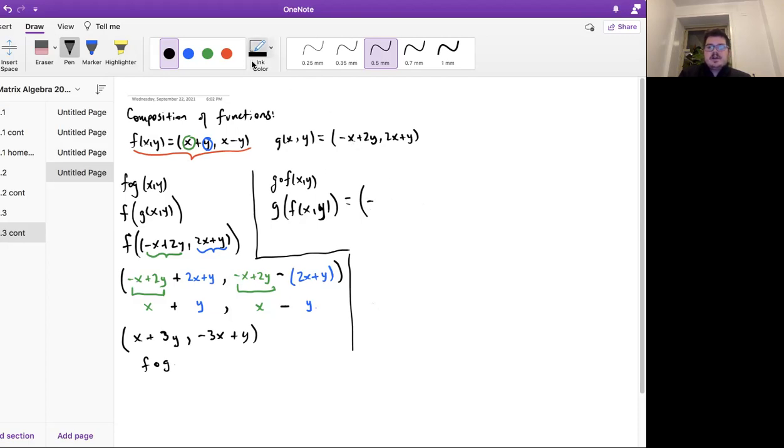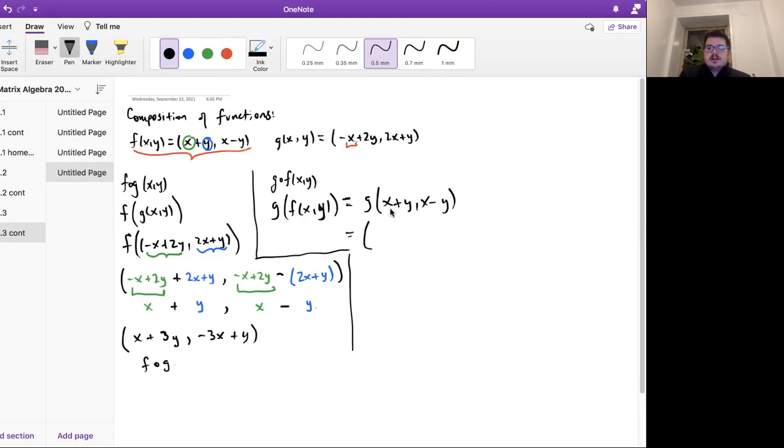So it's negative of the first coordinate. The first coordinate is x plus y in f. So it's g of x plus y, x minus y.